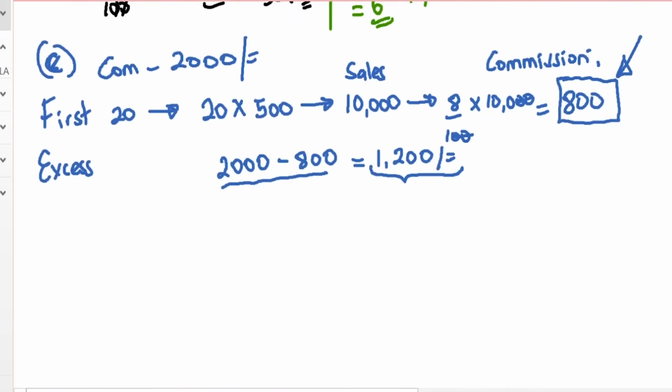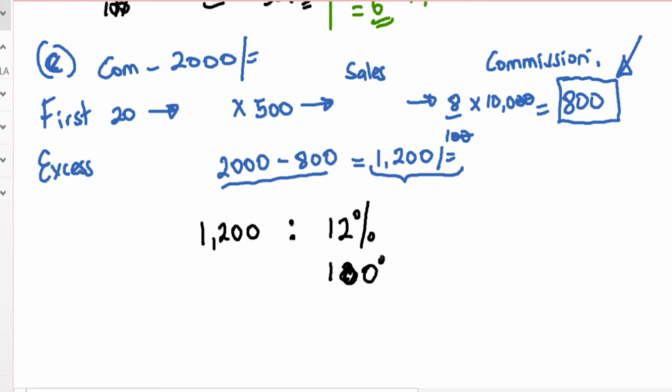Now this remaining commission must be the commission that he earned at a rate of 12%. So this 1,200 is representing 12%, and we need to find the value of sales. This 1,200, the remaining commission, is representing 12%, which happens to be his commission when he sells in excess of 20. So what about 100%?